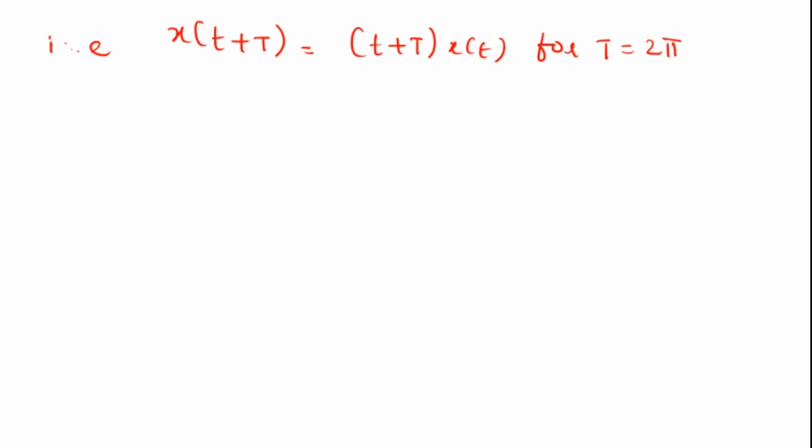That is, x of t plus T is equal to t plus T into x of t for T is equal to 2 pi. Hence, the given signal is non-periodic.